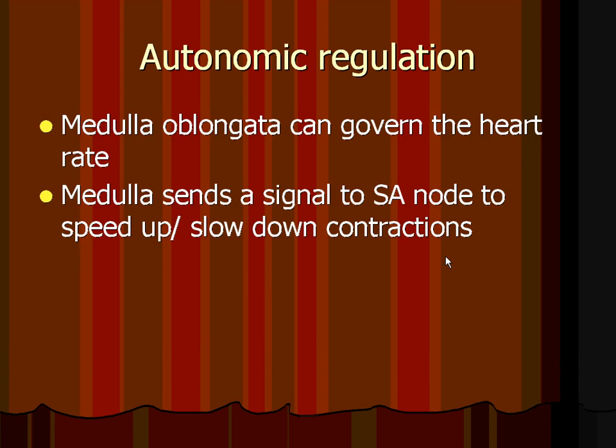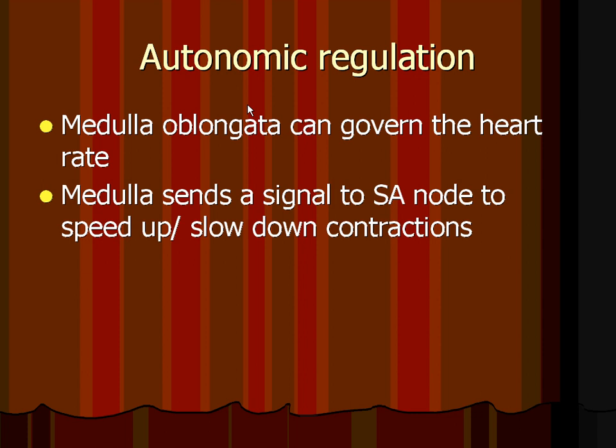So I said before that these impulses work independent of the brain, but what the medulla oblongata has the ability to do is to regulate that heart rate. For example, if we want to start breathing faster and start our blood pumping faster, the medulla oblongata can tell it to start pumping faster, and it's going to get more oxygen into the blood and CO2 out.